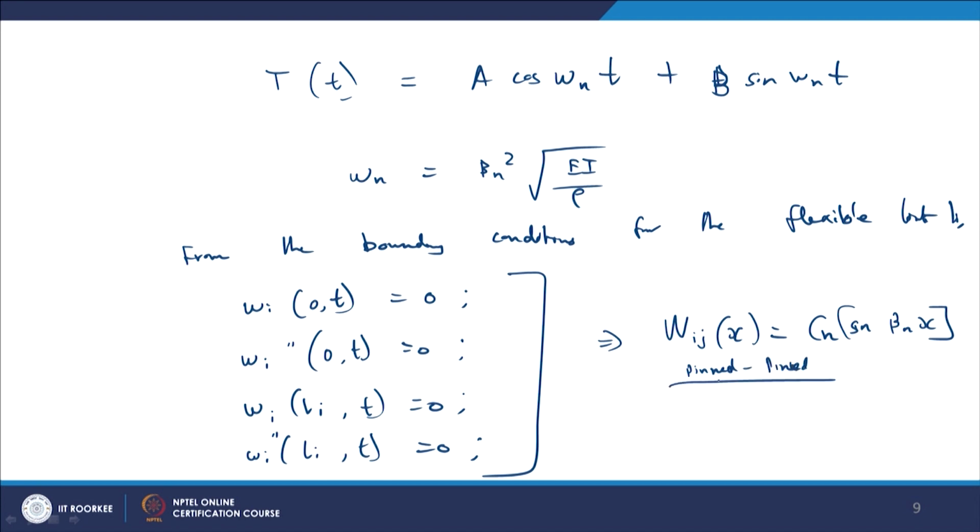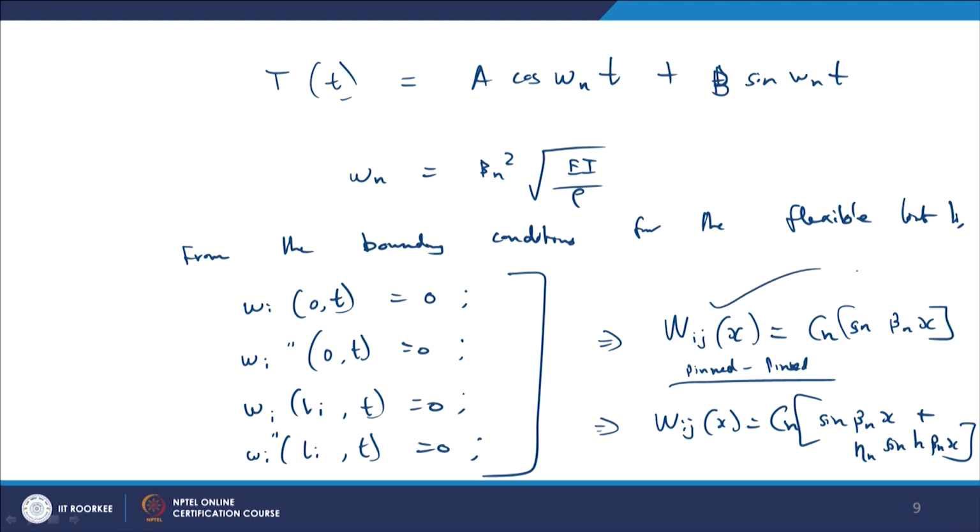If the first link is pinned, then the expression for W_Ij(x), the deflection part, is given by C_n multiplied by sin(β_n x), and the second is given by W_Ij(x) equal to C_n sin β_n x plus η_n sinh(β_n x).